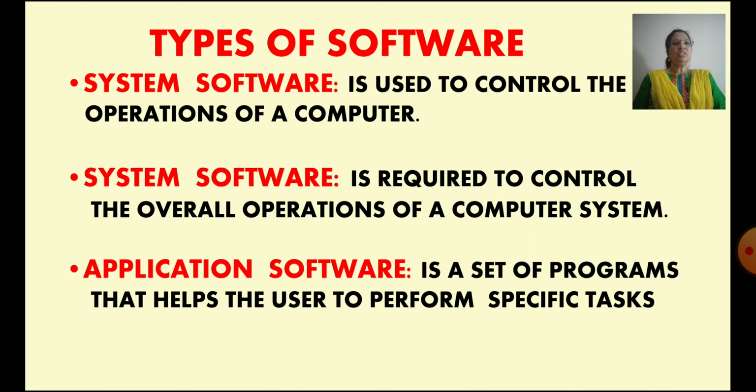And application software is a set of programs that we use in our day-to-day work. But children, in this session we will learn only system software. System software is used to control the operations of a computer.